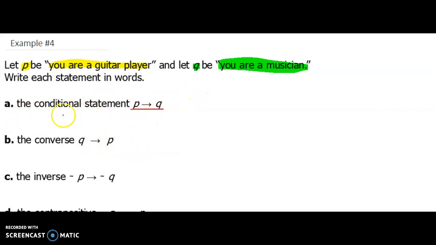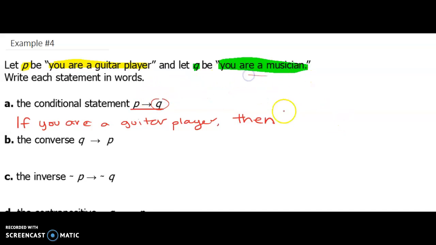So if you are a guitar player, then, and don't forget your if and your then. If you do, it's wrong. Last is Q, which is you are a musician. So if you are a guitar player, then you are a musician.